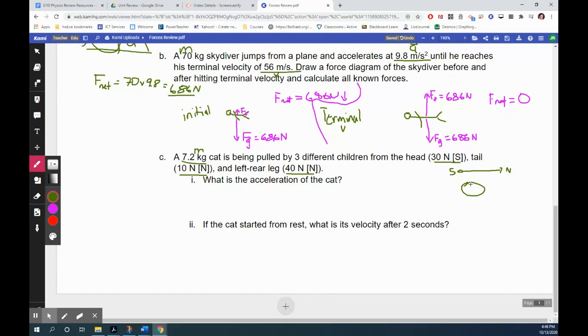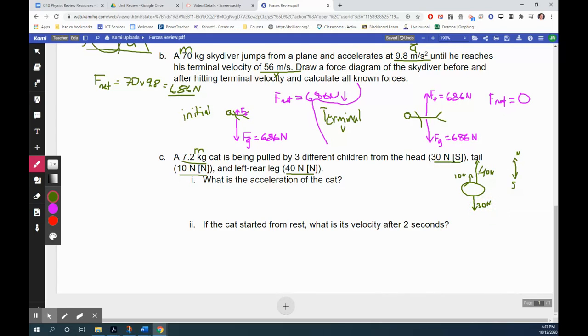Okay, you'll probably like it better if I do up and down. North and south. It's being pulled north 10 newtons, also north by 40 newtons, and south by 30 newtons.